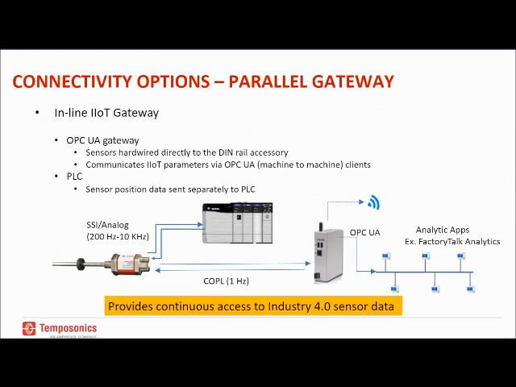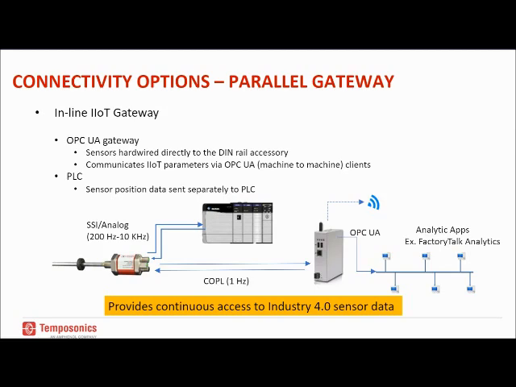This is an alternative to that. As we mentioned, any sensors that have that Industry 4.0 data but are not transmitting it with the position data can still be acquired by using an OPC-UA gateway. So this sensor on the left here is representative of two different sensors that don't have the ability to transmit Industry 4.0 data directly with their position data.